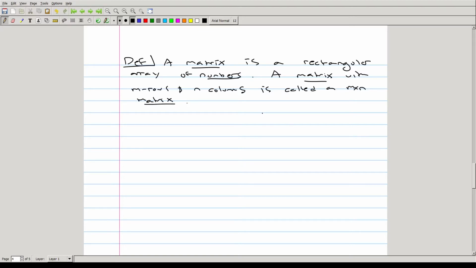The plural of matrix is matrices, and a matrix with the same number of rows as columns is called square. Two matrices are equal if they have the same number of rows and the same number of columns, and the corresponding entries in every position are equal.